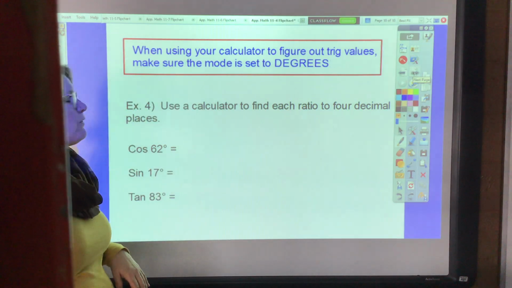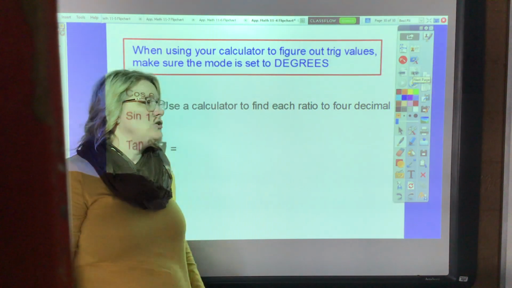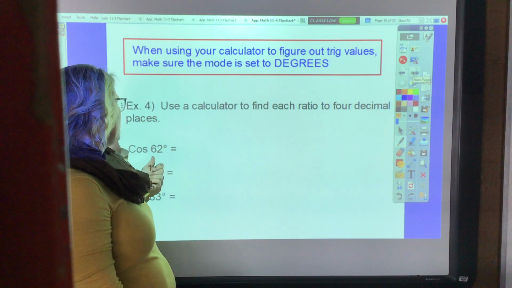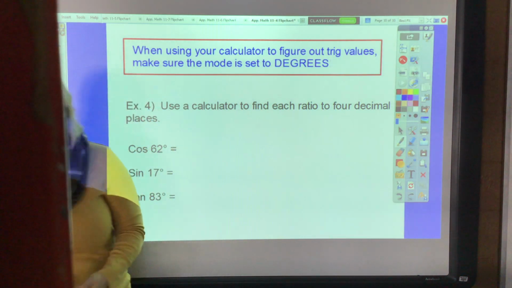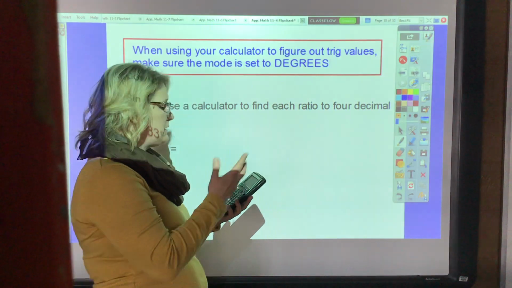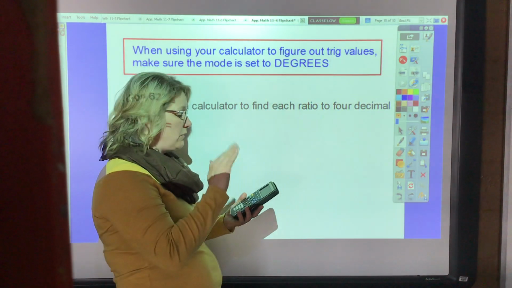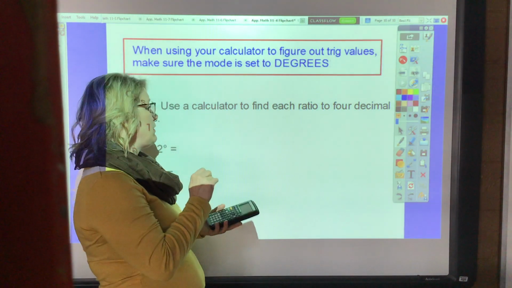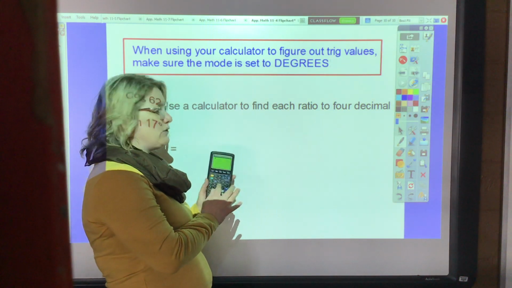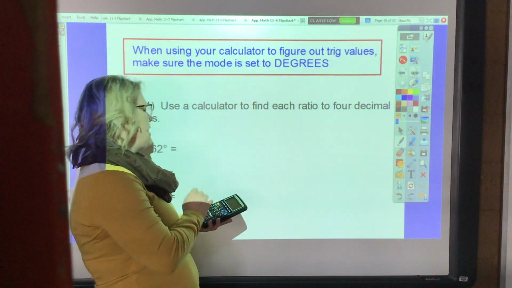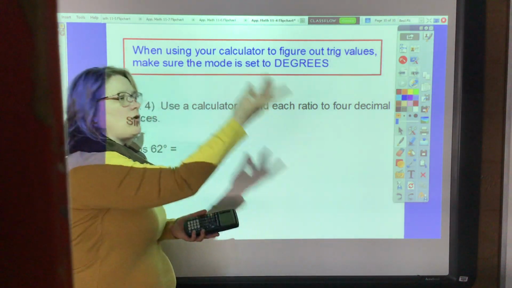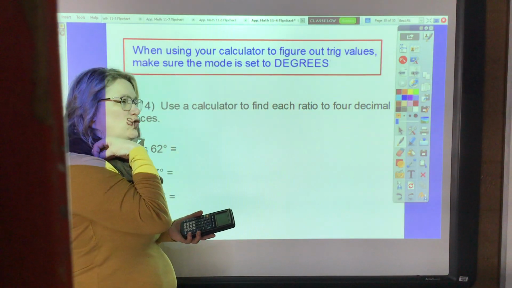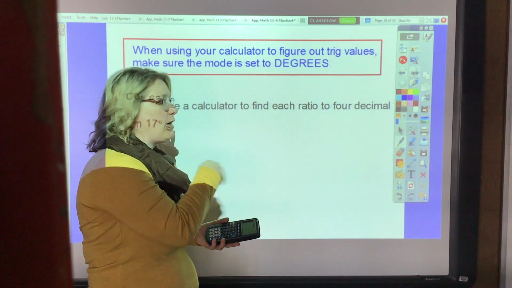Now, if you're going to use your calculator to find the value at this spot, you're going to grab your calculator. I have one of the old ones. Maybe you have a calculator at home, or else you're going to do it on the computer. But you're going to have some trig buttons. Now, they've given you the angle measure. You're trying to go backwards to find the value of this.